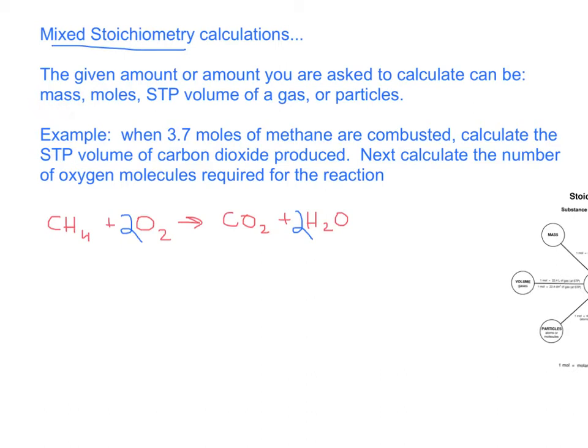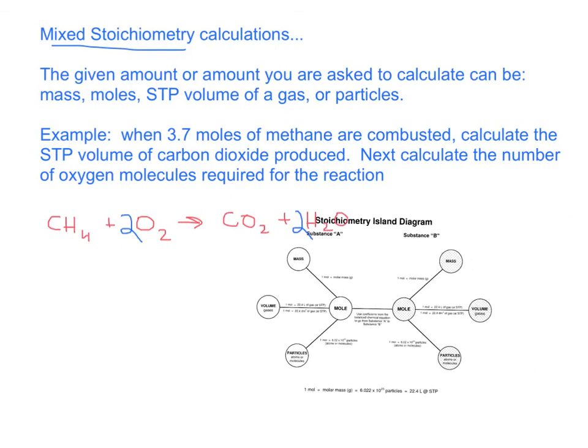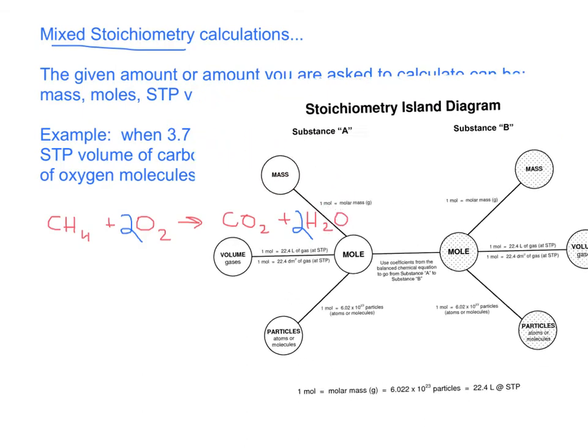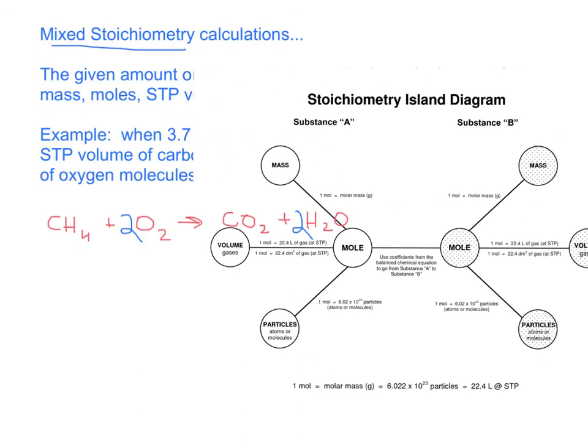It could be mass, could be moles, it could be the volume of a gas at STP, or it could be particles. So we need to be prepared to deal with that, in other words, to deal with the entire mole map. And that's what I've given you in this next problem.